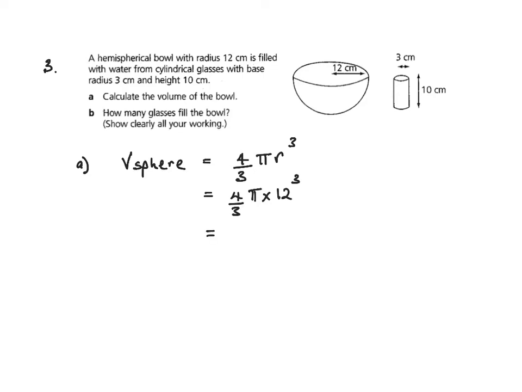Calculator. That gives us the number 7238.23. Now it's a hemisphere that we're dealing with, so I'm going to divide that answer by 2, and that gives us 3619.11 centimeters cubed.